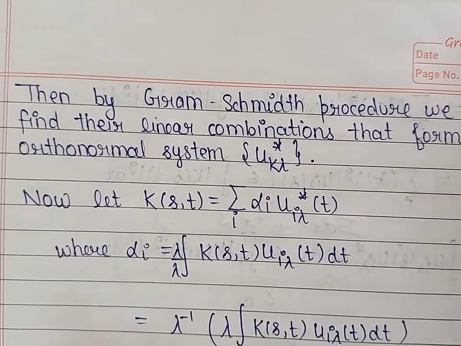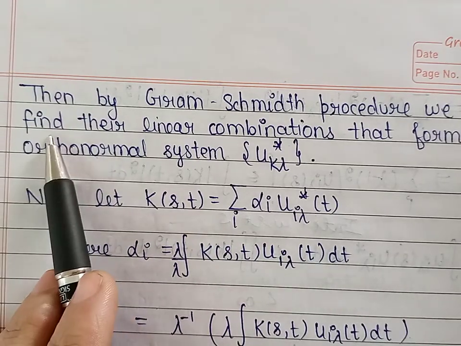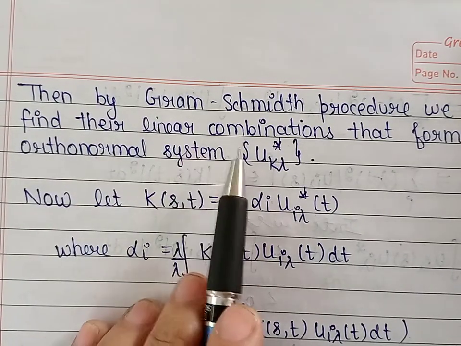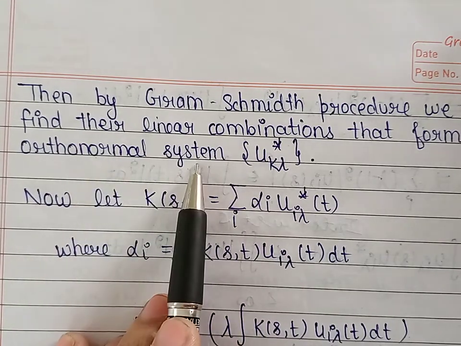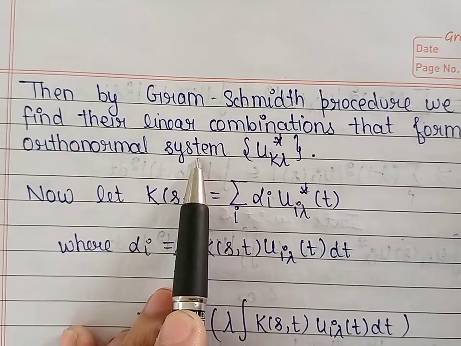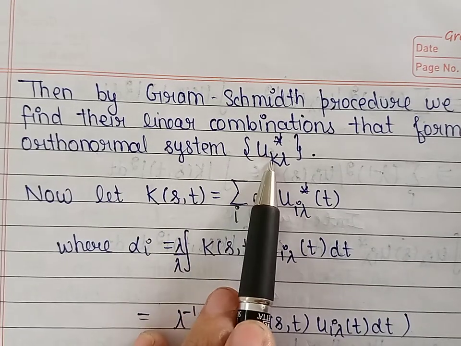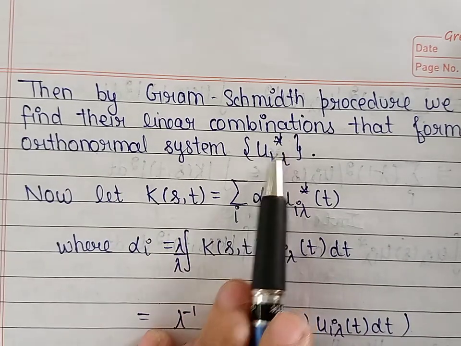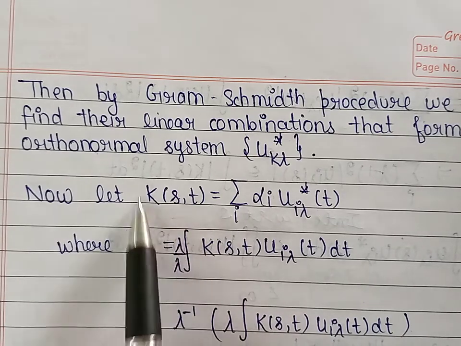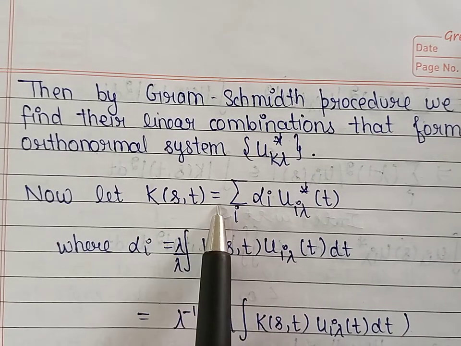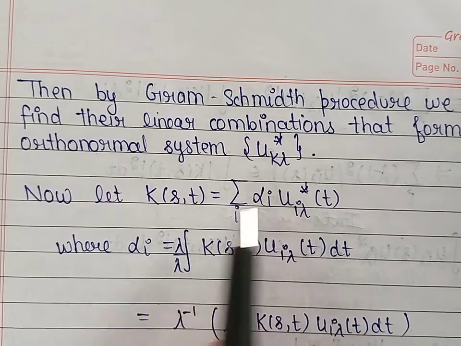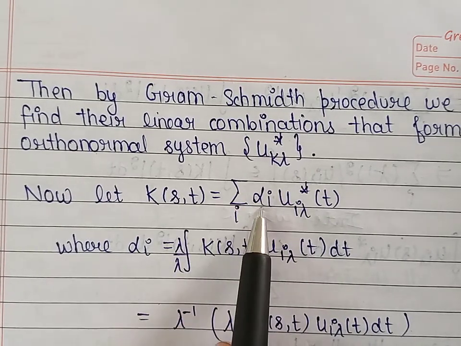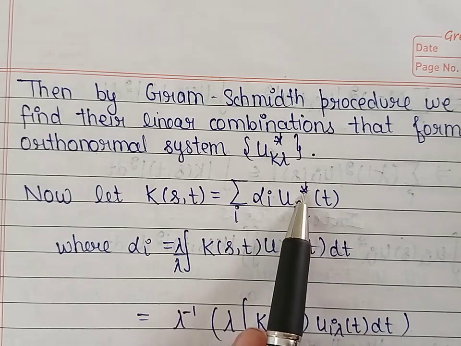Now as we already discussed, by using the Gram-Schmidt procedure we can find the linear combinations that form an orthonormal system. So let us take the corresponding orthonormal system of functions, that is ui lambda conjugates. Now let us write the kernel k(s,t) in the form of a series having the scalars alpha i, given by summation alpha i ui lambda conjugate.